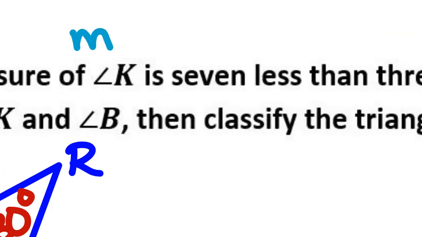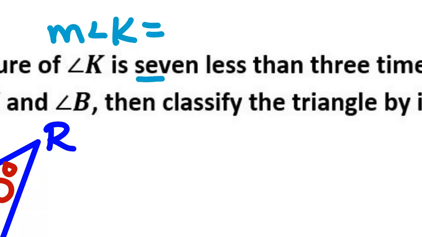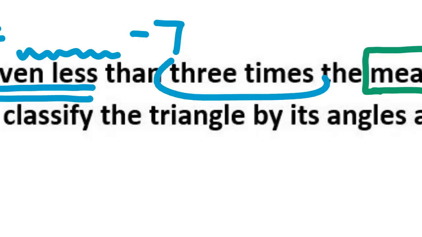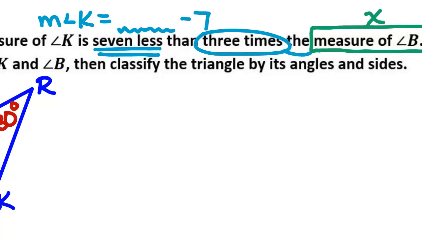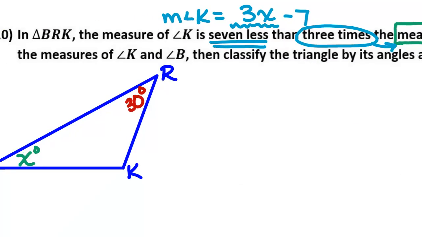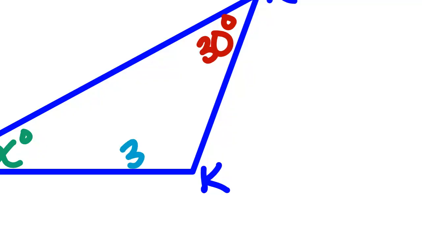So the measure of angle K, 7 less than means I have something minus 7. Just because you see the word 7 first does not mean it's 7 minus. 7 less than means I took 7 away from something else. 3 times the measure of angle B, so 3x. So the measure of angle K is 3x minus 7.